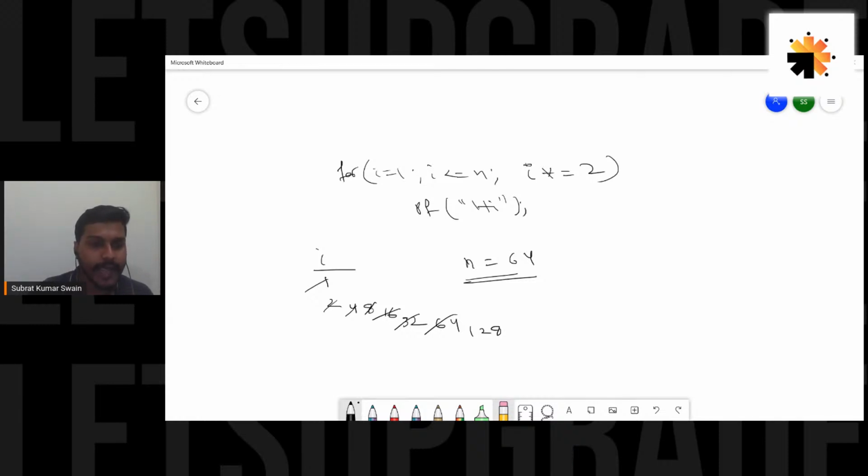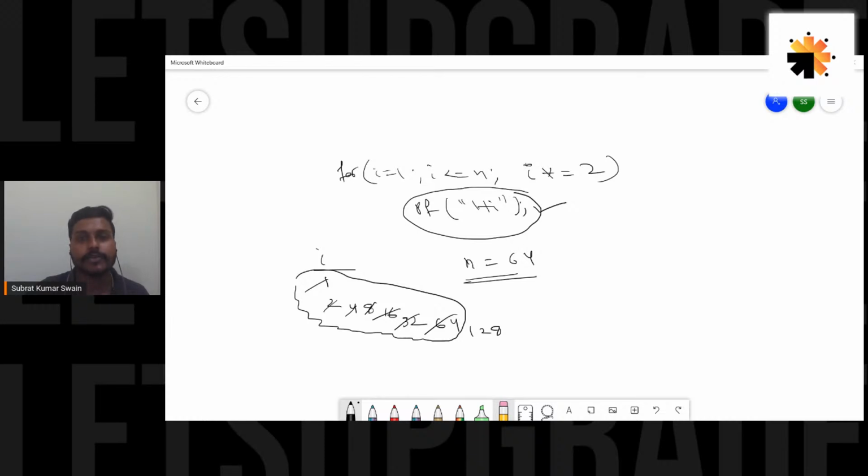So how many times was our loop executed? 6 times, right? The number of times this "hi" is printed, or the number of times this loop got executed, is nothing but your time complexity, guys. The number of times this statement is executed is the number of steps.